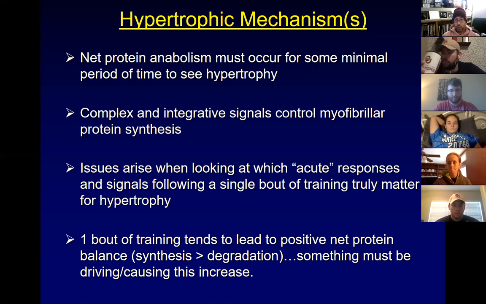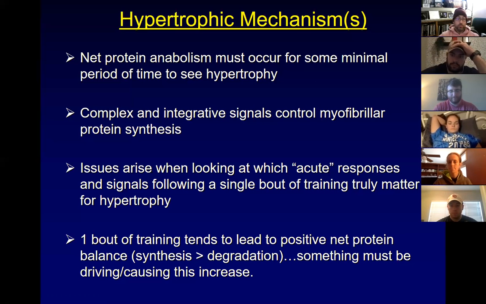So what I'm going to show you guys now is some evidence on what we can see as acute changes in actual measured protein synthesis rates. We'll measure whole body protein synthesis, and then move from there down to what we think are some of the more well-known cellular signals and players in all of this.